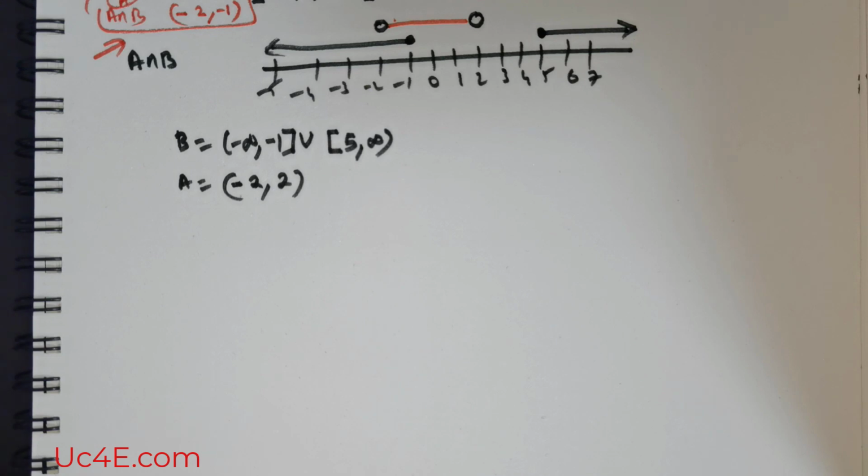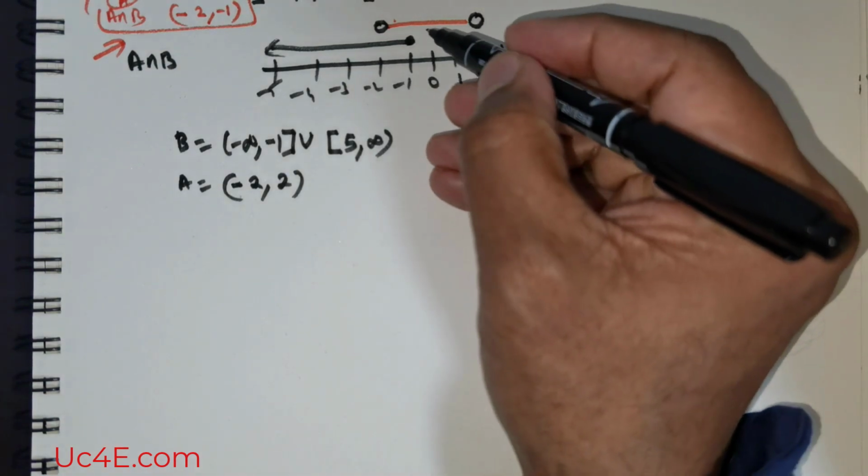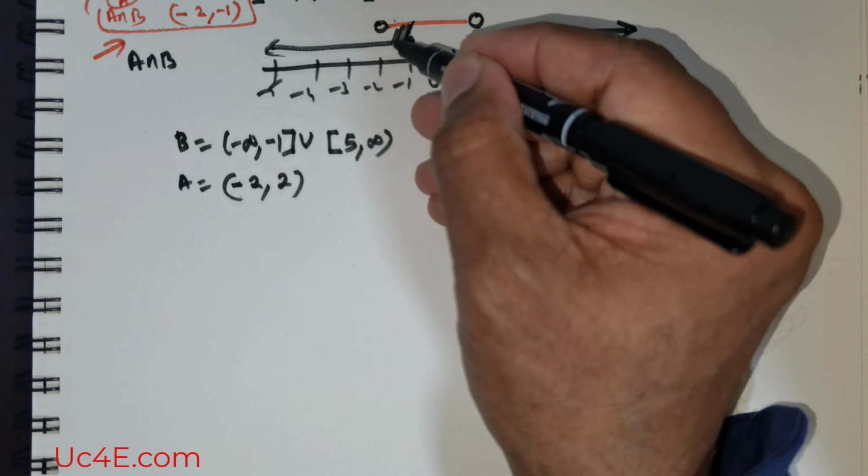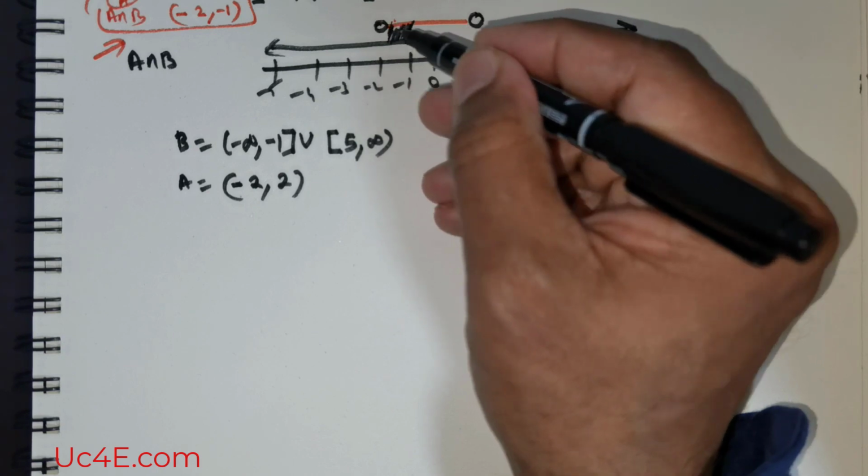So what would A intersection B be? That would mean I have an intersection here, that's fine, and then I go all the way up to here.